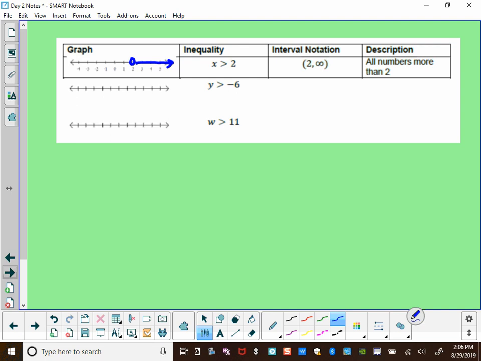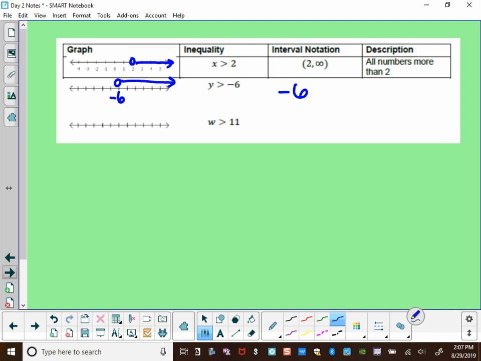All right, let's practice the one underneath it. It's okay for this to just put one number. We have -6. Will I have an open or closed circle? Open. Go to the right. They already gave you your inequality. What is your interval notation? Let's do the numbers first.